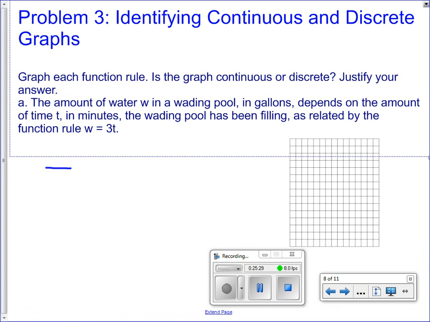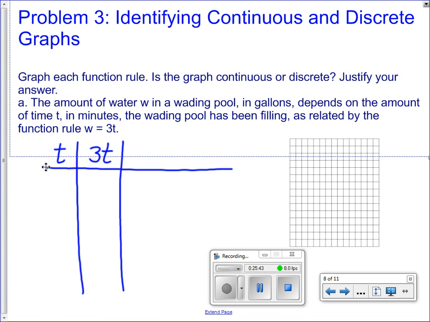Okay, in this example, we have time as one of our variables. Time is always our independent variable. We have a function rule, W equals 3T, so I'm going to put 3T there. W is the amount of water, and then I have the ordered pair (T, W).